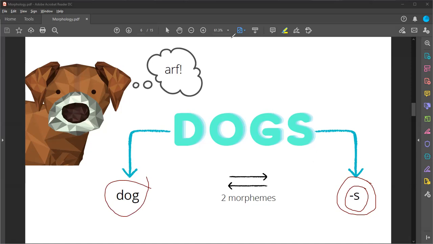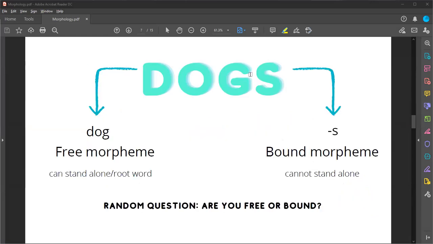And let's go to the next page, why we are talking about two morphemes. So in here, class, let's dissect. Do you know what is dissect? Like we are trying to open the internal organs of a frog, and let's try to name the parts of its internal organs.